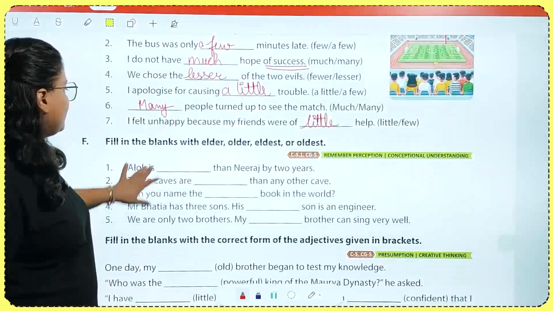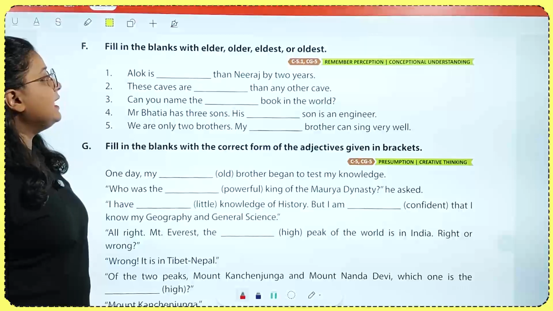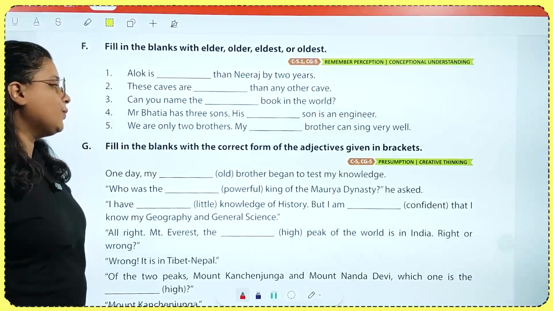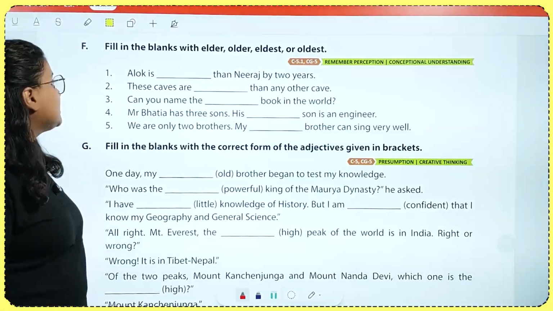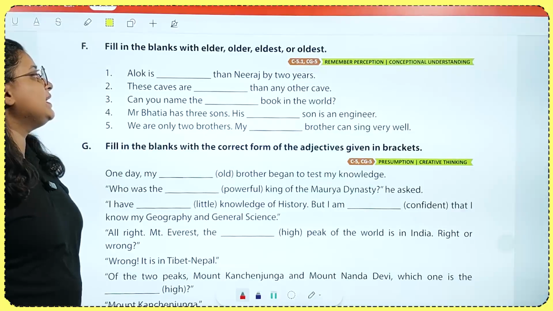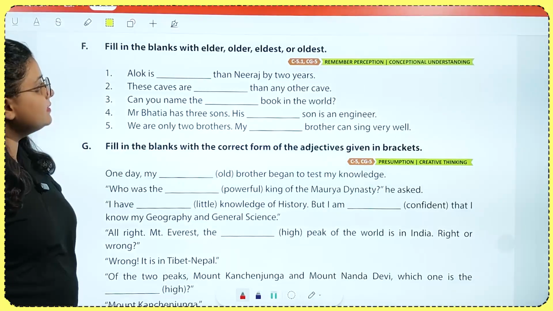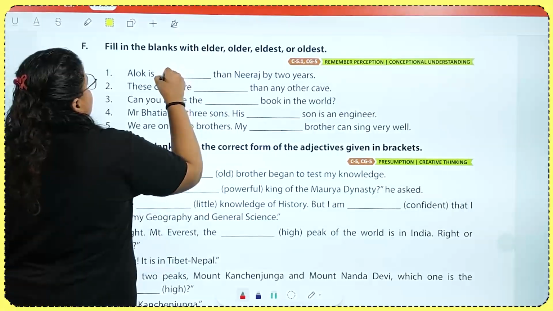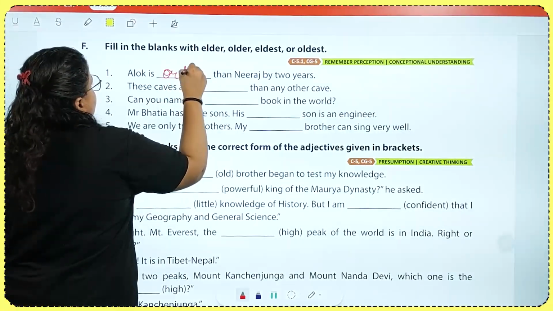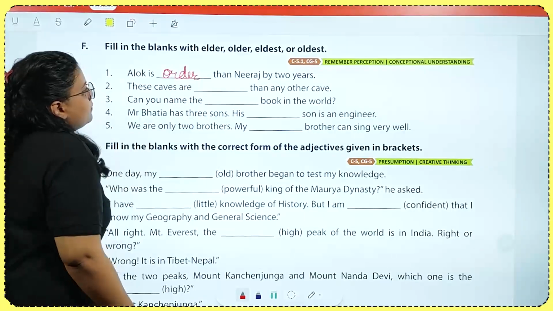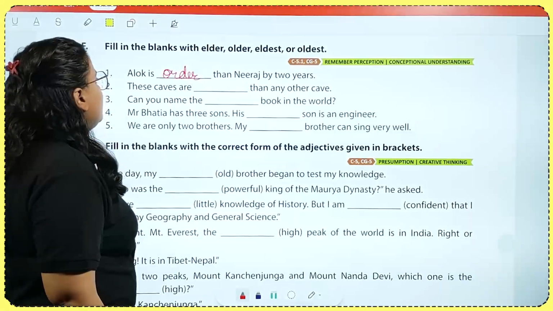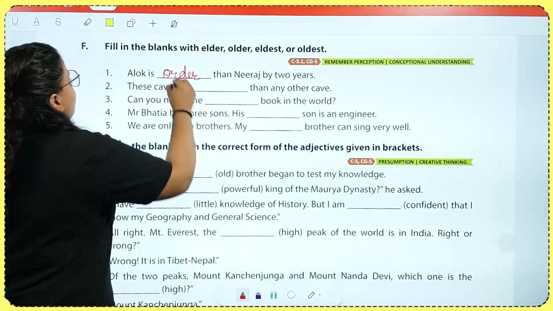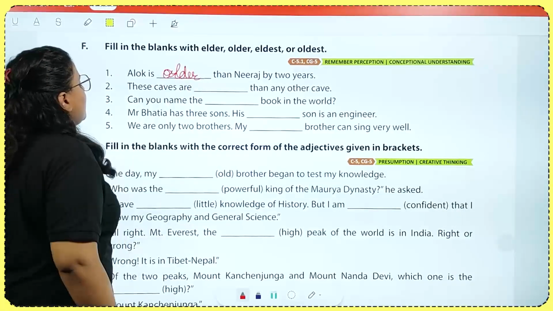ठीक है? Fill in the blanks with elder, older, eldest or oldest. So you have to use these words. Alok is dash than Neeraj by 2 years. Older. So note the spelling, older.